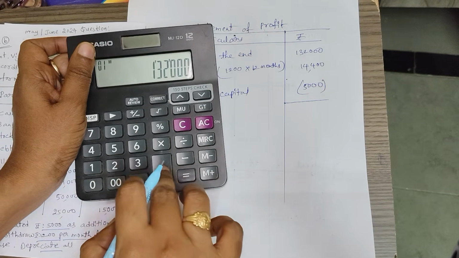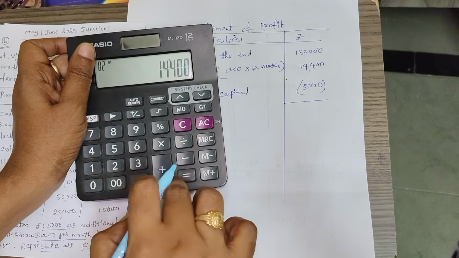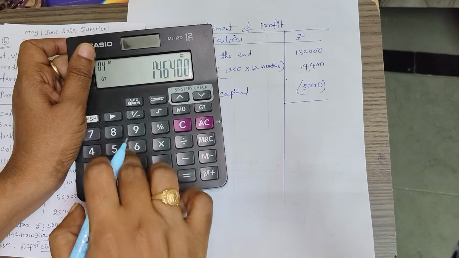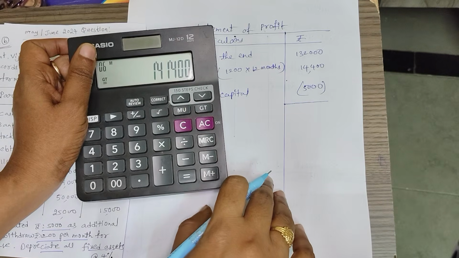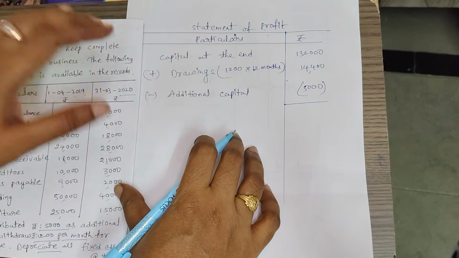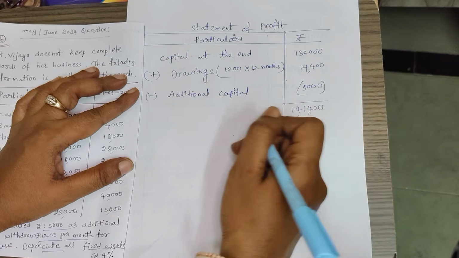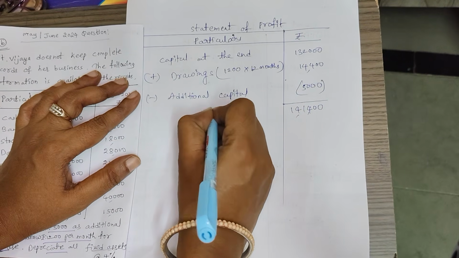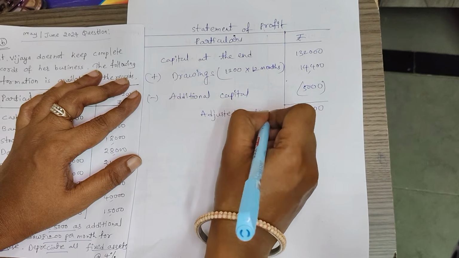1,32,000 plus 14,400 minus 5,000. How much? 1,41,400. 1,41,400. What is this? Adjusted capital. Okay.